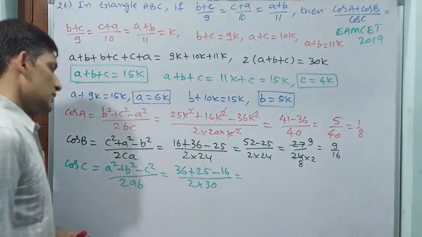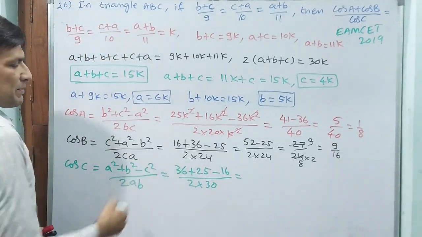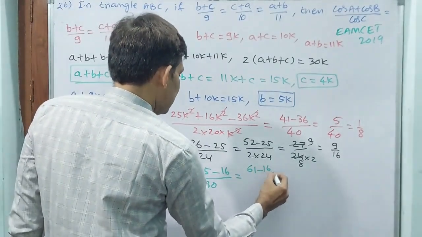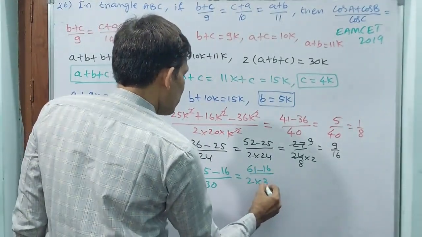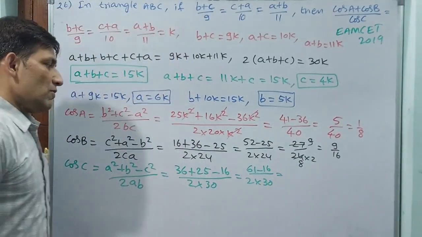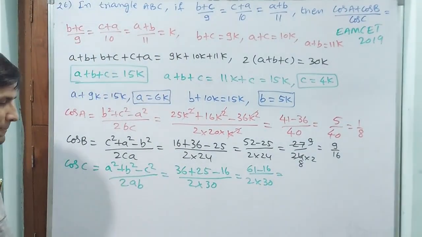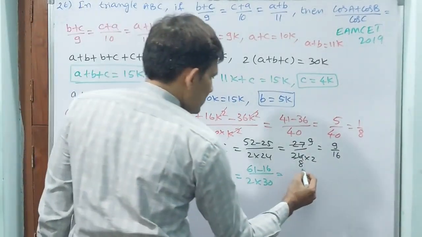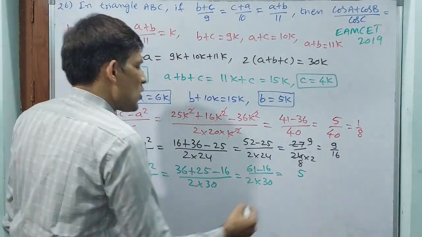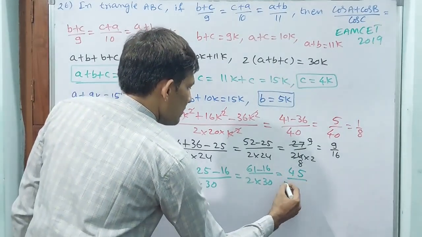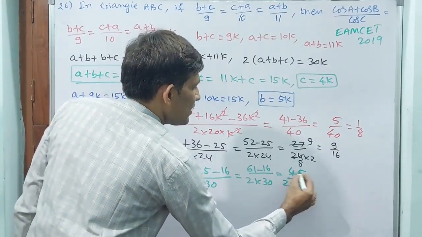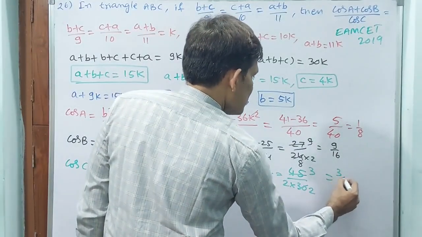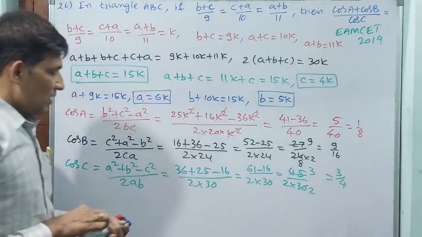That is equal to 36 + 25 is 61, 61 - 16 by 2 into 30. 45 by 60, 15 3s, 15 4s, that's all, 3 by 4. Okay, 3 by 4.